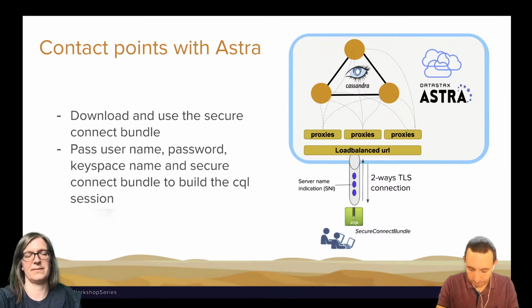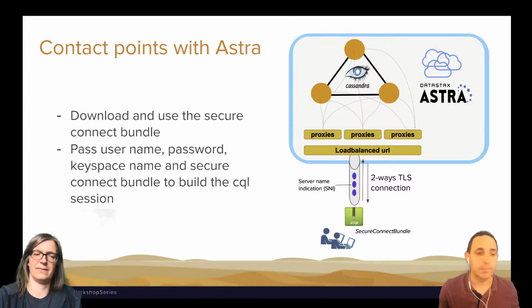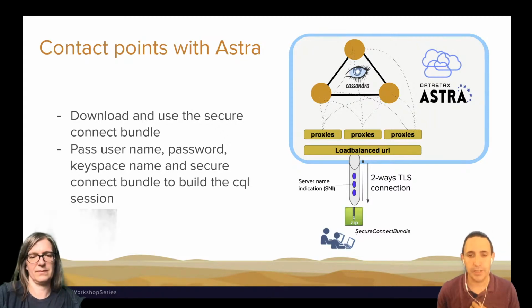Okay, so we will use the Cassandra driver to connect to Astra, because the DataStax drivers, the main drivers for Cassandra, are implemented by DataStax, and they handle not only Astra but also any distribution of Cassandra.